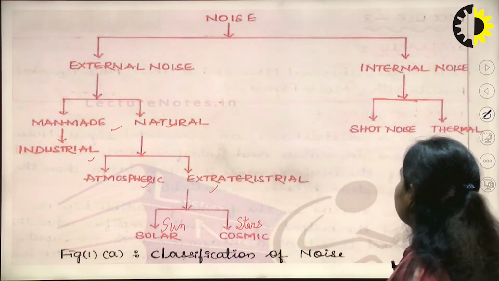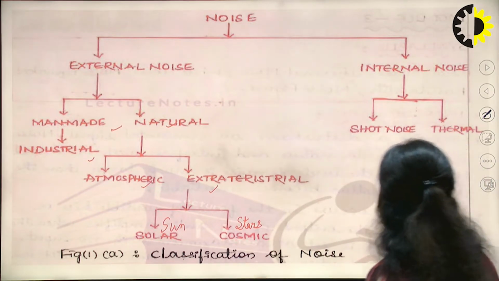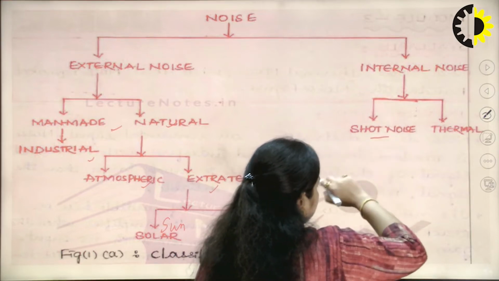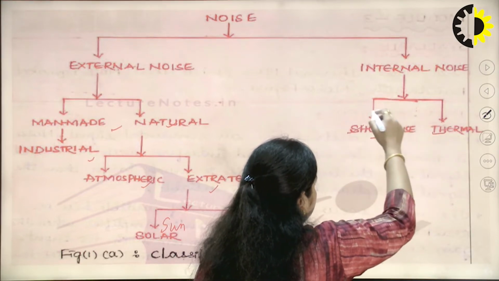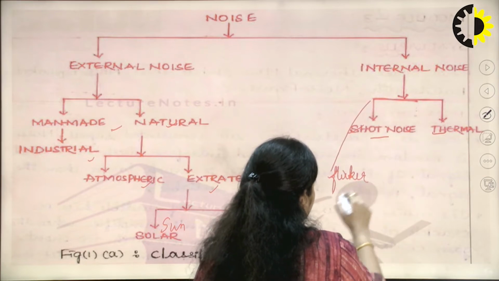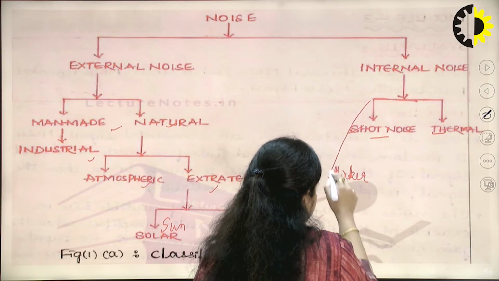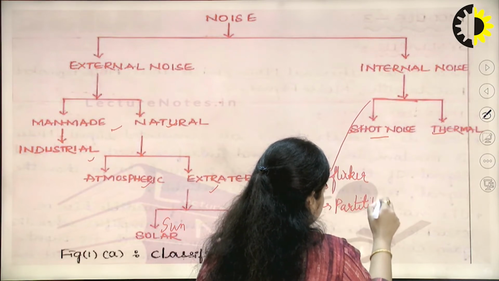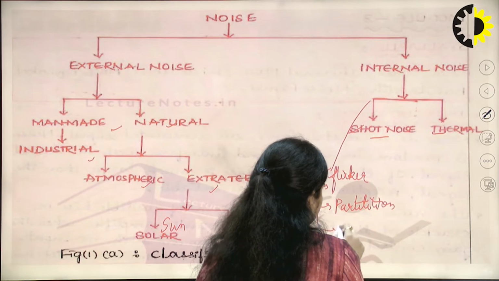Next is internal noise. Internal noise is basically of 5 different types: shot noise, thermal noise, flicker noise, partition noise, and transit time noise.